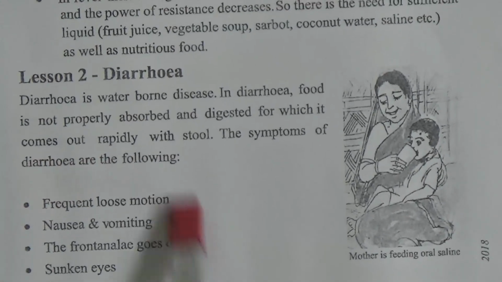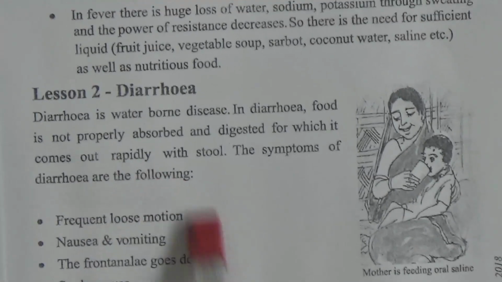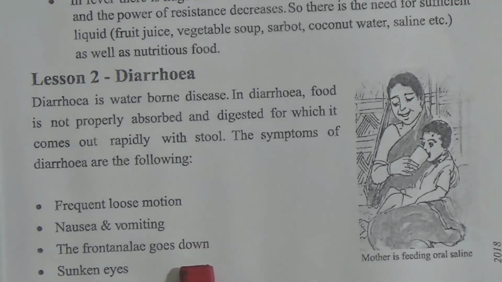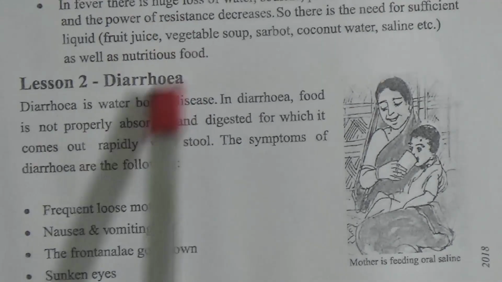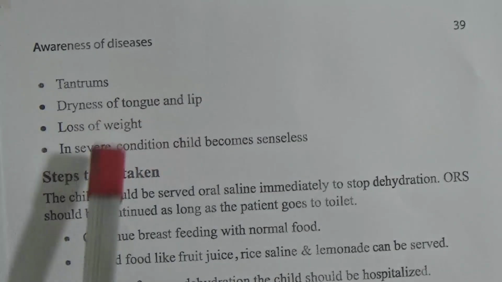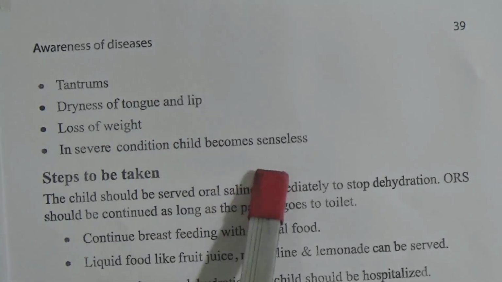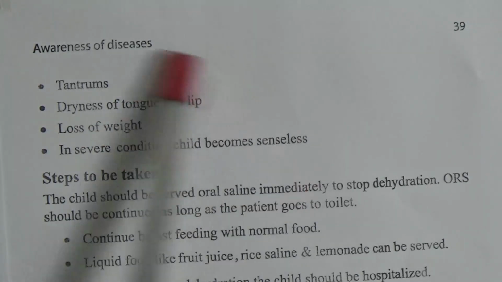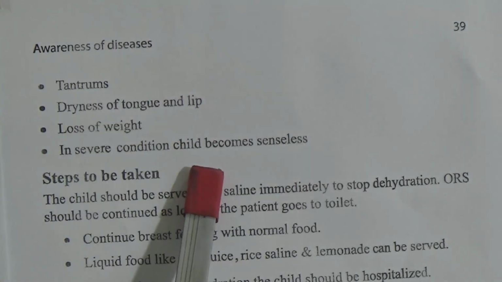If we find these symptoms in a baby, we have to understand that the baby is going through diarrhea. Other symptoms are tantrums, dryness of tongue and lip, and loss of weight. In severe condition, the child becomes senseless.